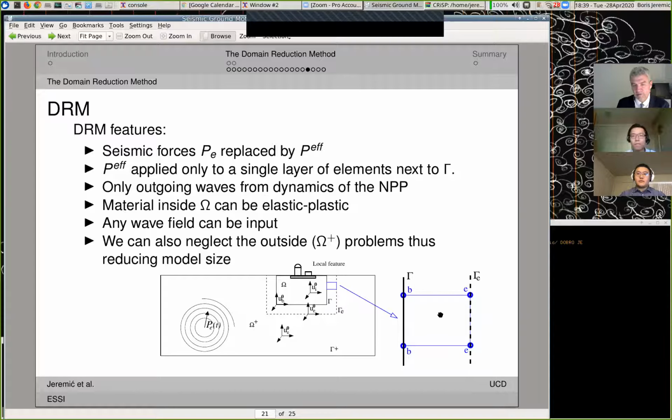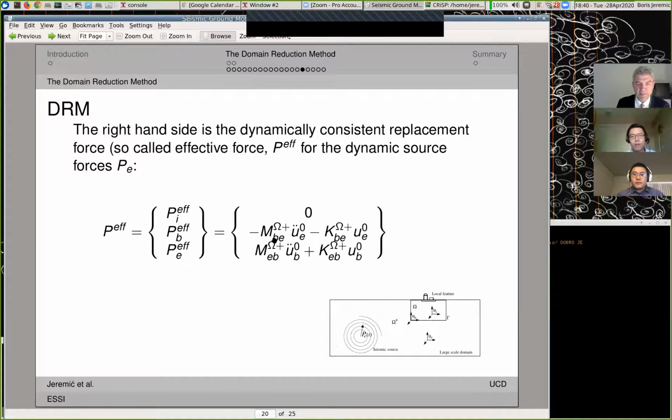So here's one example element. Let's say a quad element. Again, this is all for full 3D, but this quad is just to illustrate. So here's one element right here. This element has nodes B, and nodes E. So this element is actually going to have matrices, going one slide back, MBE, MEB, and KBE, and KEB.